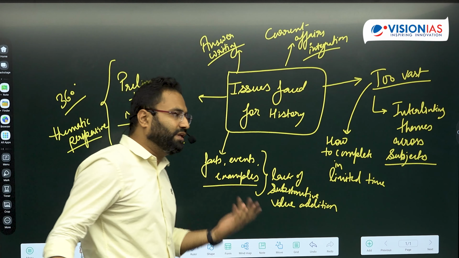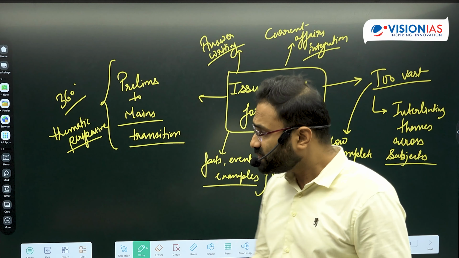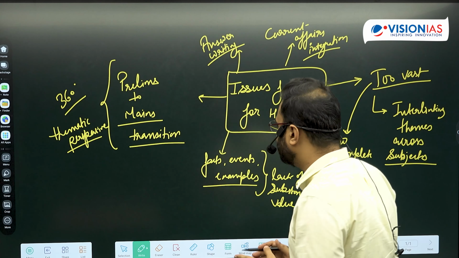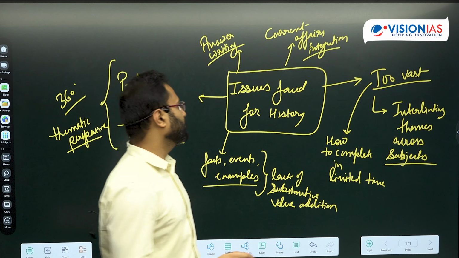So there is also a need to integrate certain current affairs, specifically from the culture perspective. Basically, the value added document that I am going to discuss integrates these particular things. So we'll discuss this current affairs, but this current affairs preparation is lacking with respect to complementing it with the static part of history. This is also one such difficulty.